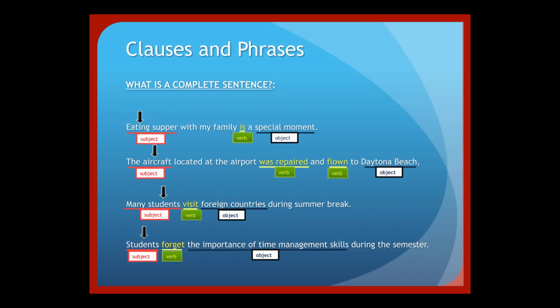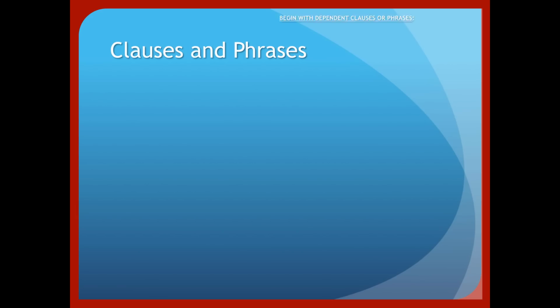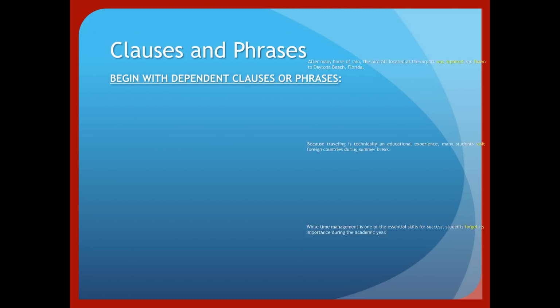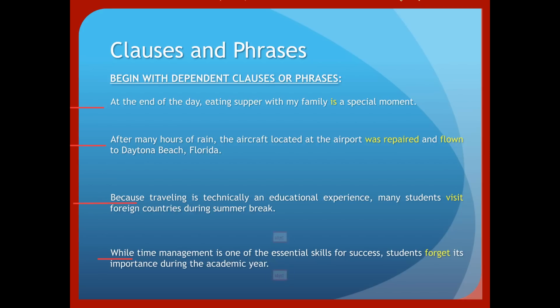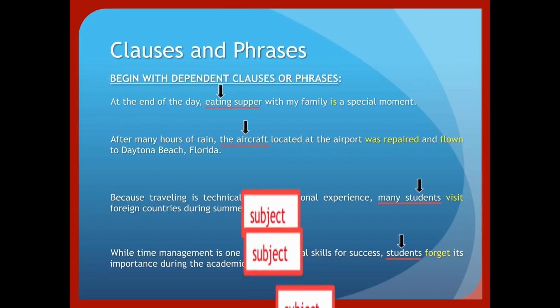A complete sentence has a subject-verb relationship and expresses a complete thought. Sentences that begin with dependent clauses or phrases sometimes confuse students because the main subject and verb are delayed.